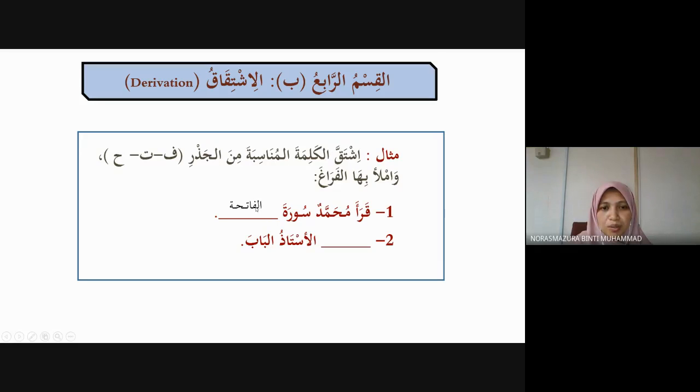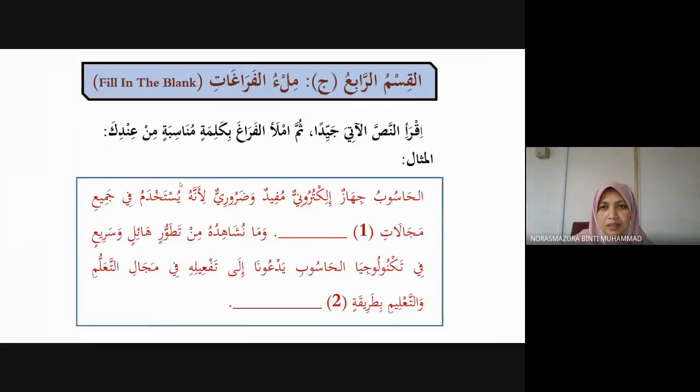Surat al-Fatiha is from the word fataha also. Number 2, for example, fataha al-ustadu al-bab, means you have to make an answer from this word. Understand this?